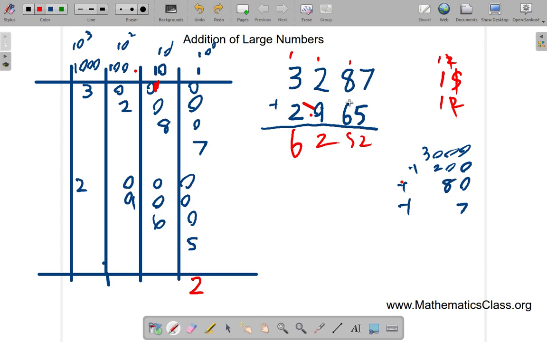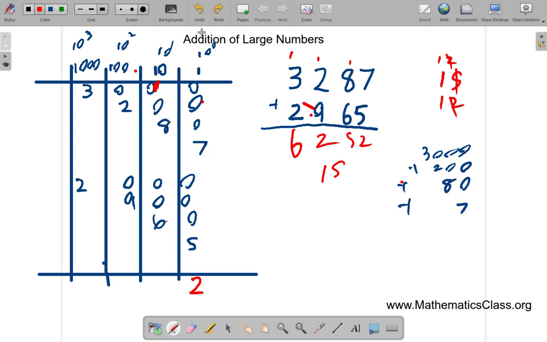Then when you said 6 and 8 is 14 and 1 is 15, and you put down 5 and carry 1 over to the next side, you're saying 6 tens plus 8 tens. That's 14 tens plus 1 more ten, that's 15 tens. What you're really saying is 60 plus 80 plus 10, giving you 150.